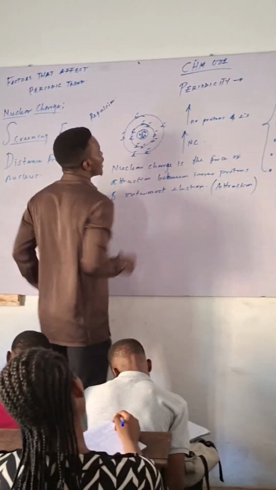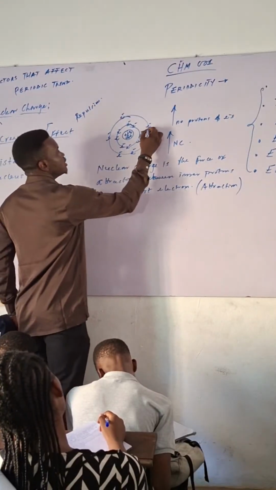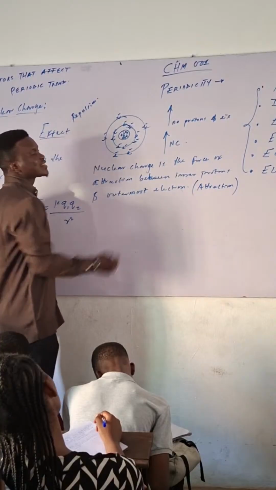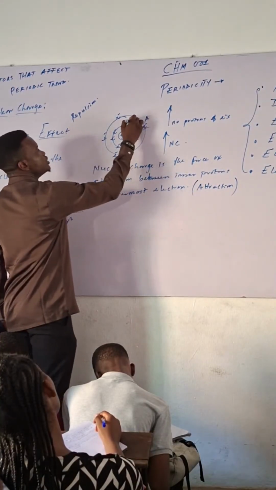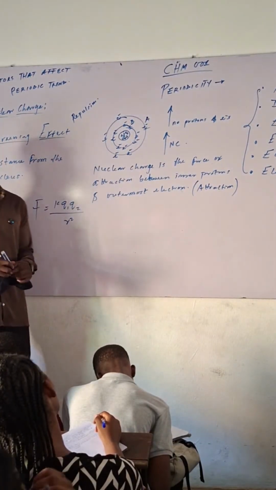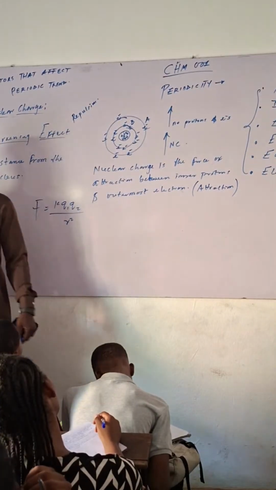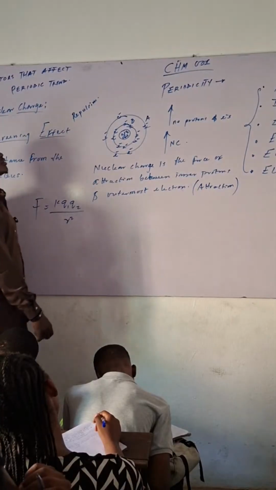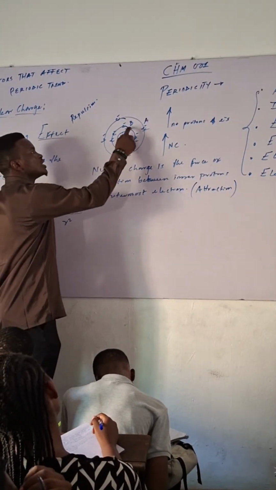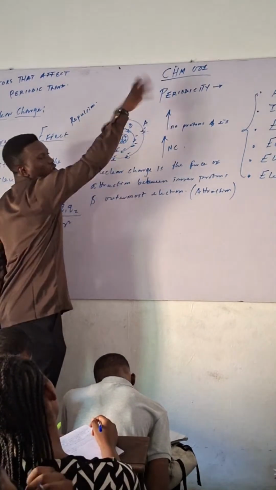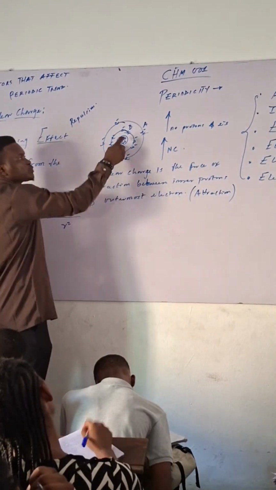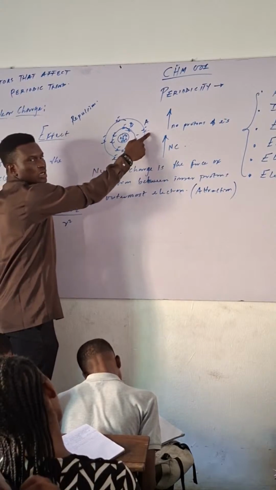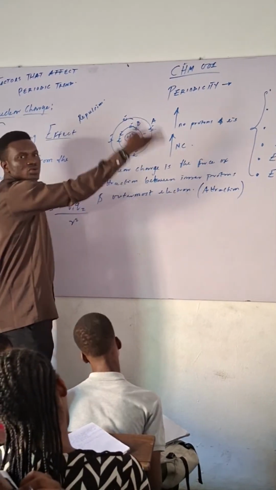From what we have here, this electron and this electron, let's say I want to remove A and B. Which one do you think would be easier for me to remove? A. Why? Because these electrons are sending this one away, and this proton is trying to attract, so we attract this one more than this one. Abi, those are the things we'll be using now.